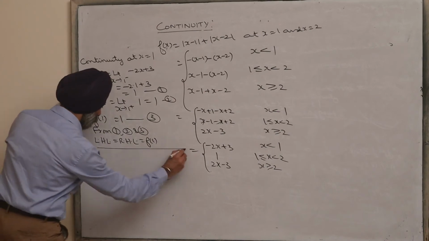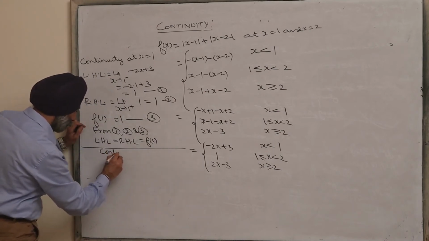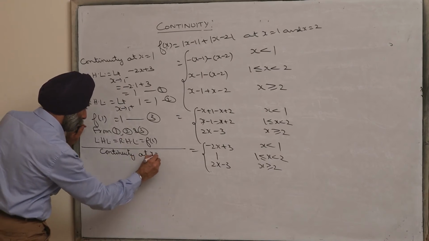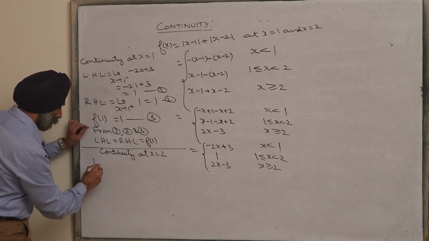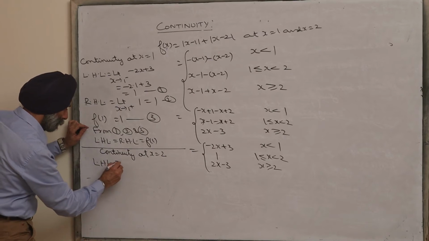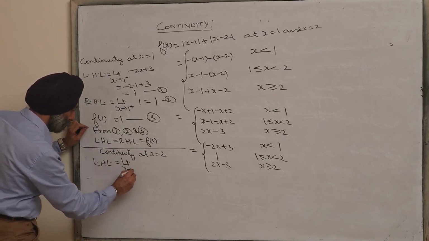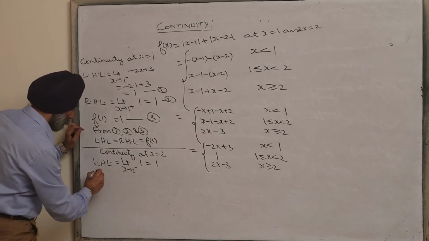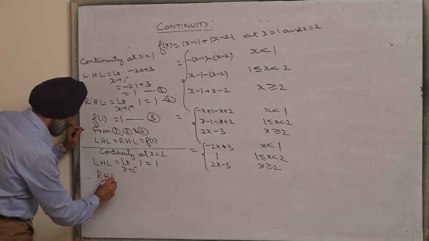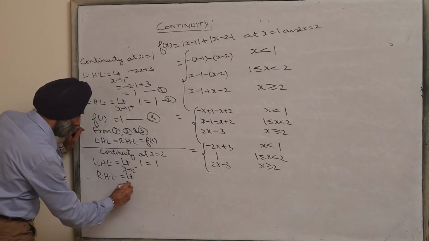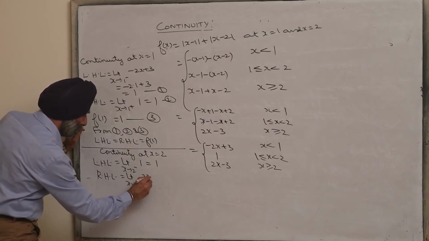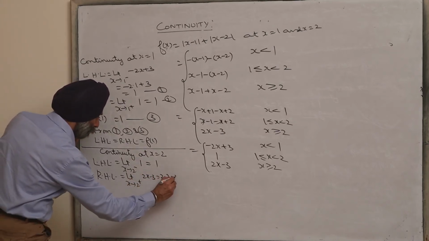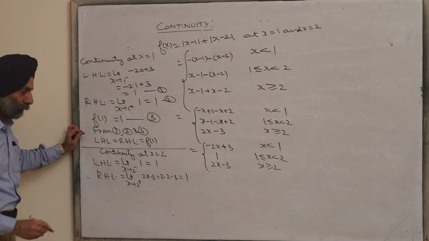Now similarly, continuity at x equal to 2. The left hand limit is limit x approaches 2 negative of 1, which is equal to 1. The right hand limit is limit x approaches 2 positive of 2x minus 3, which is 2 into 2 minus 3, that is also equal to 1.